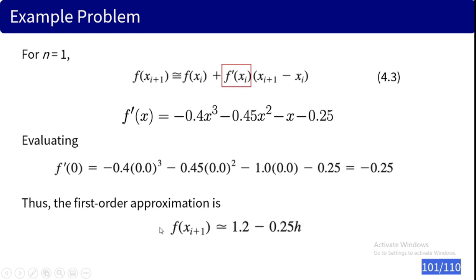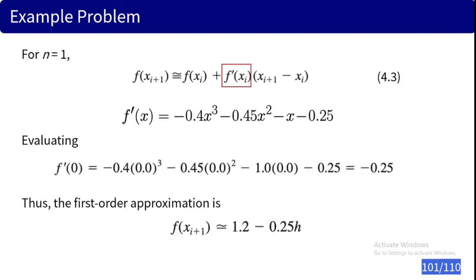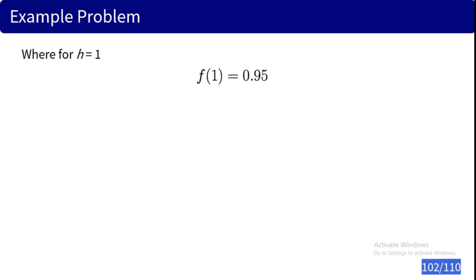Therefore, ang first order approximation nato is for the function at x sub i plus 1 is approximately equal to 1.2 minus 0.25h. Okay. Therefore, h is equal to 1. Ato siyang i-evaluate. 1.2 minus 0.25, the value for f of 1 is 0.95.